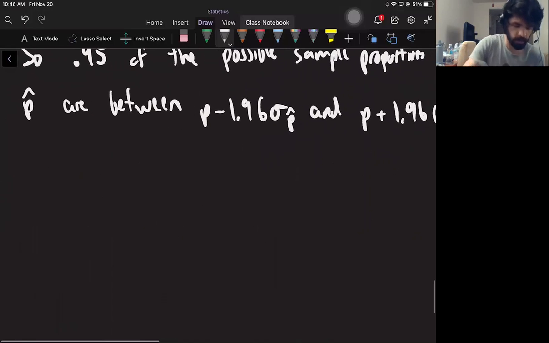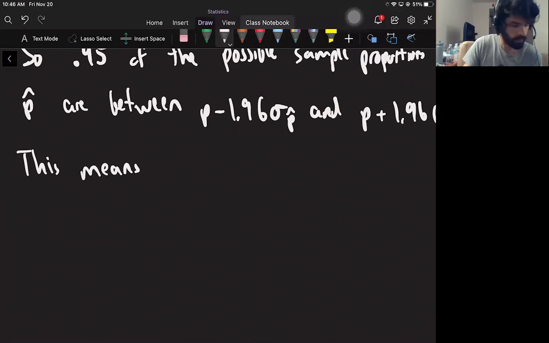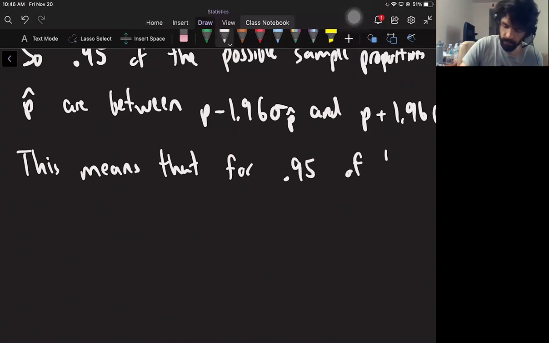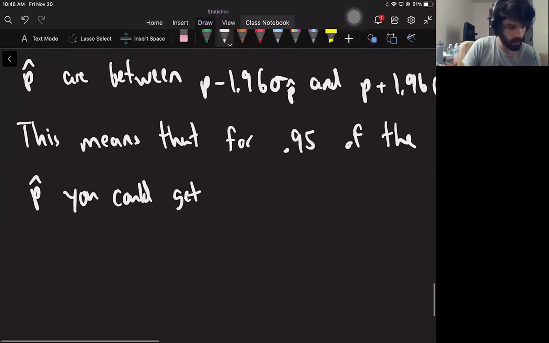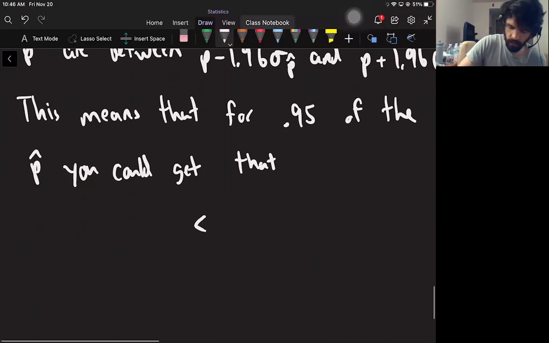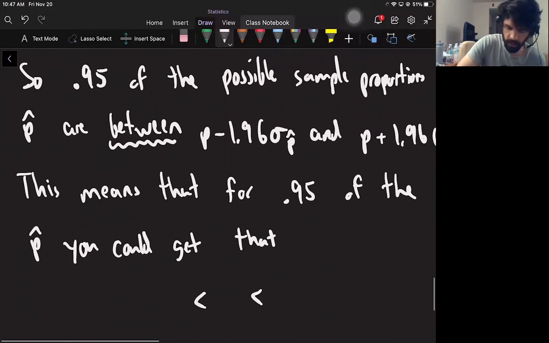So then, what does this mean for us? This means that for 95% of the point estimates you could get, of the sample proportions that you might get by taking a sample, you could say that, well, how do math people say between? We're going to say between in a fancier way.